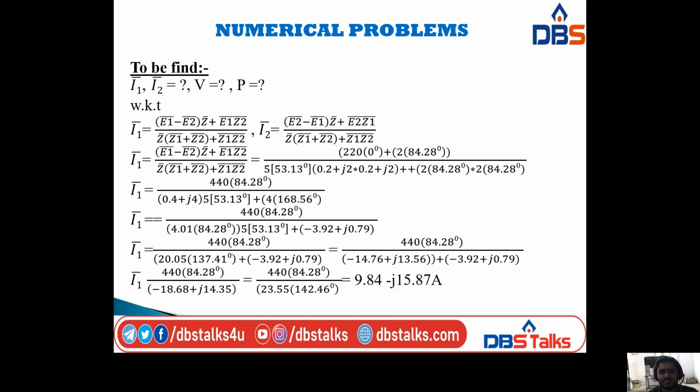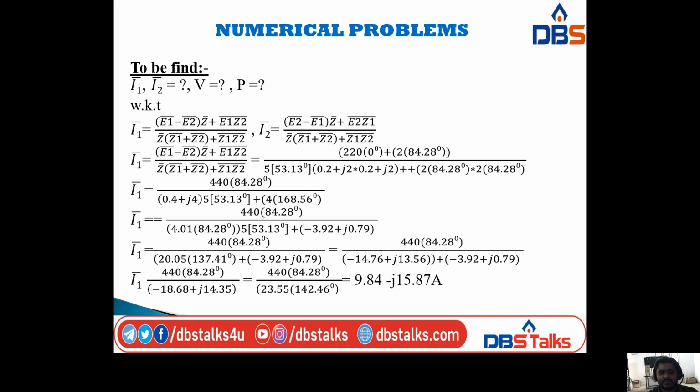So that is 220 into 2, that is 440 at an angle of 84.28, by 0.2 plus 0.2, that is 0.4 plus J2 plus J2, that is J4, into 5 at an angle of 53.13, plus 2 into 2 means that is 4, 4 at an angle of 84.28 plus 84.28 means 168.56.